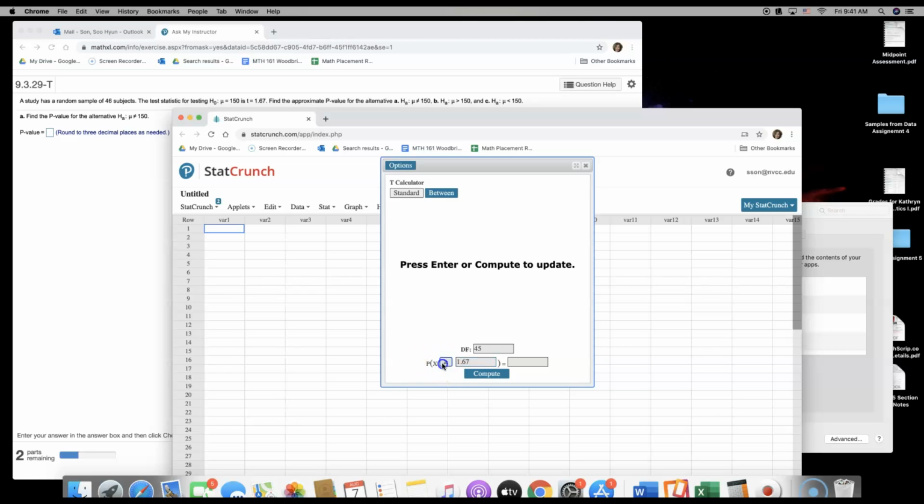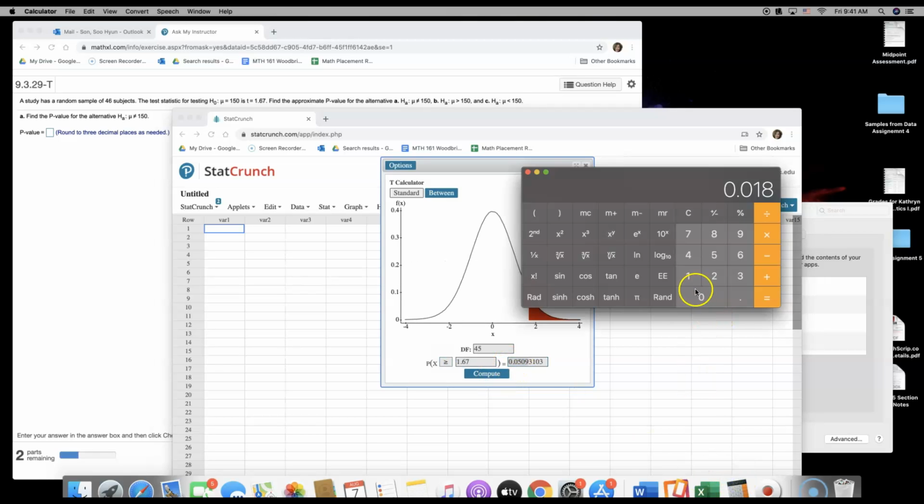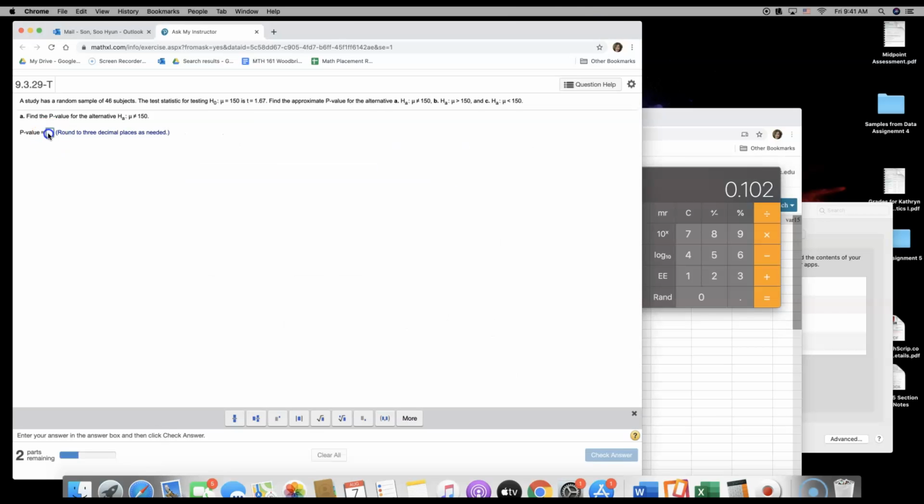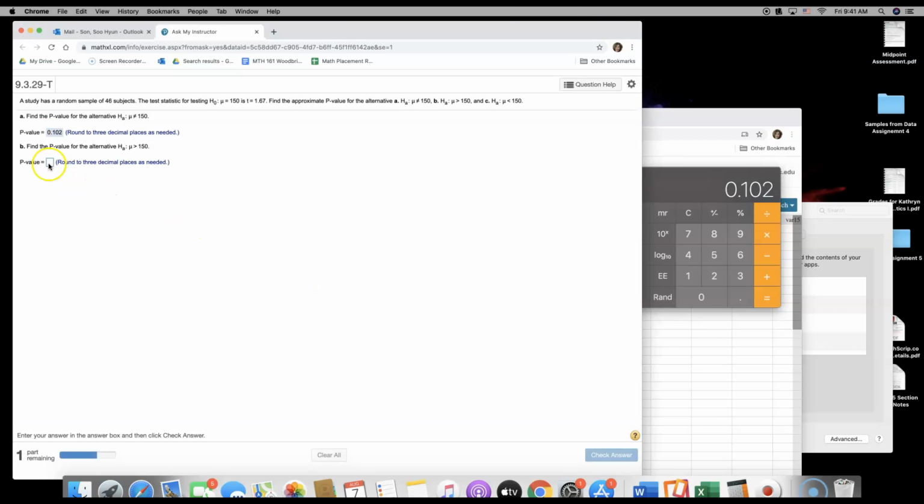If I go ahead and find the one tail first, I get 0.051. So I'm going to do 0.051 times 2 to find the two tail, which is 0.102. And the next one will be 0.051.